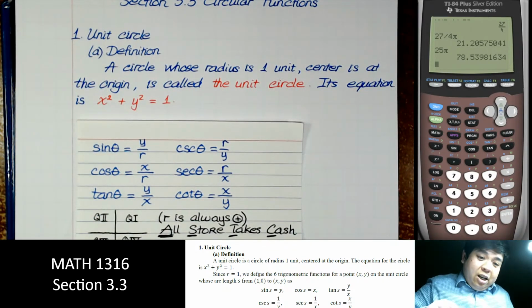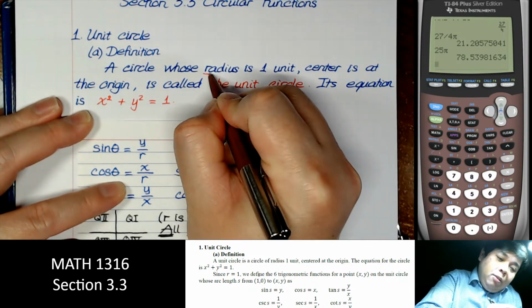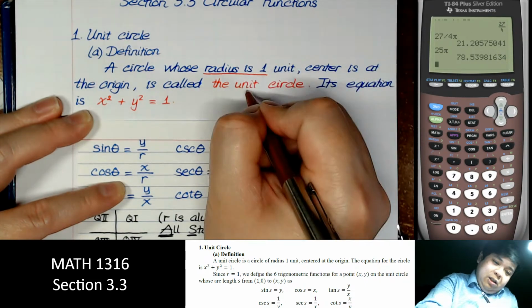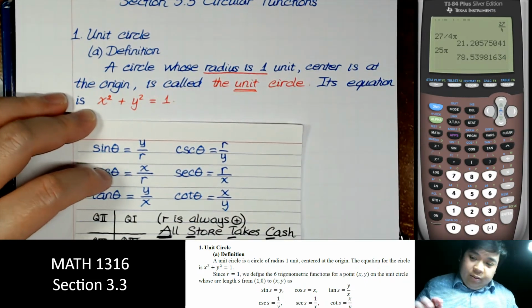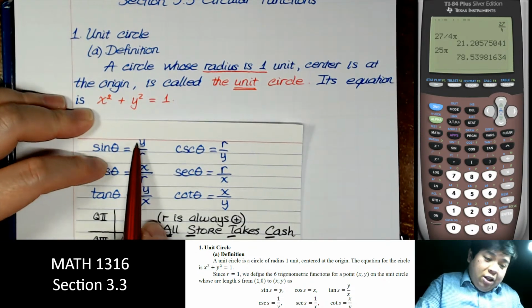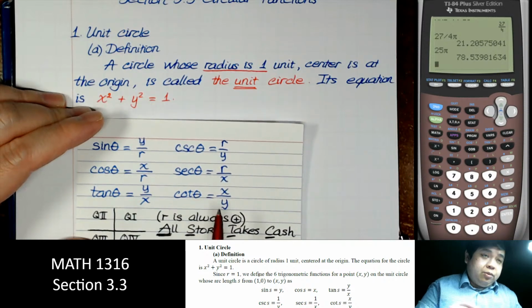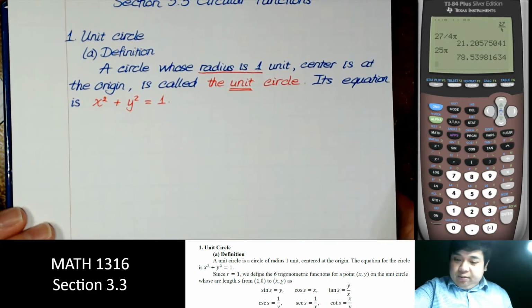So now we get back to this one, x, y, and r. Now, in this case, since it is called a unit circle, the radius is 1 unit. So r is equal to 1. Now we have this ratio. If we let r equal to 1, then we have a new definition for the trigonometric functions.